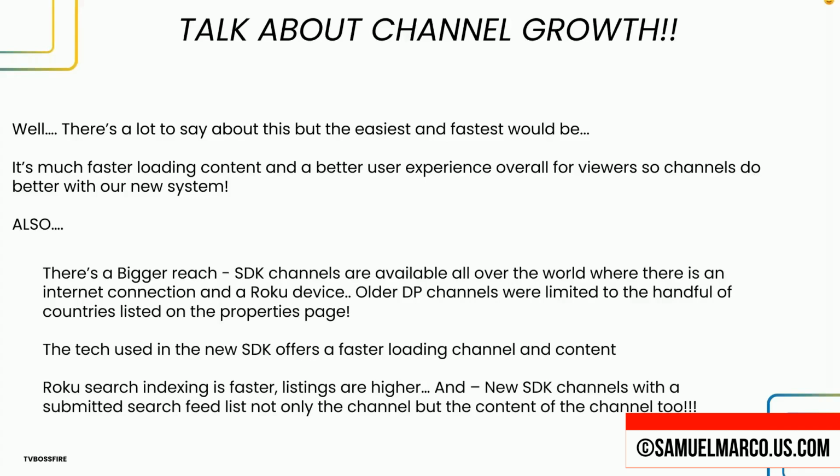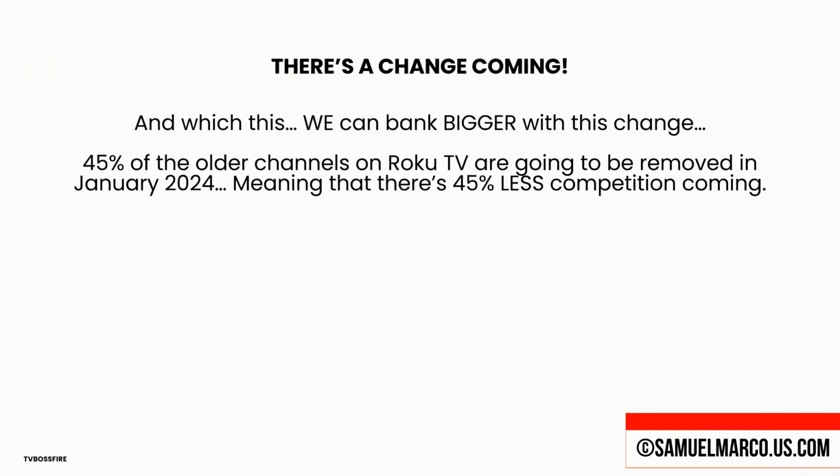The tech using the new SDK offers a faster loading channel and content. Roku search indexing is also faster, listings are higher, and the new SDK channels with a submitted search feed list not only the channel, but the content of the channel too goes higher. It's a big win for everyone. That's why you should be excited, my friends, everyone on this call.